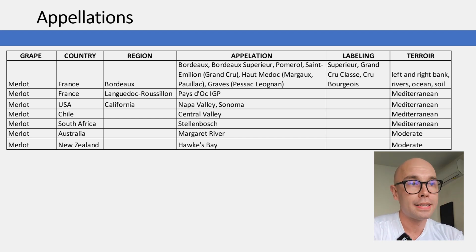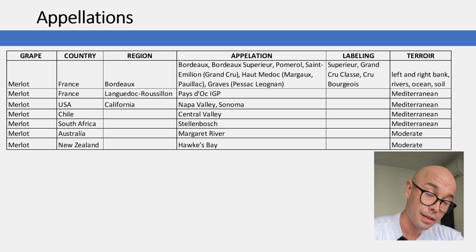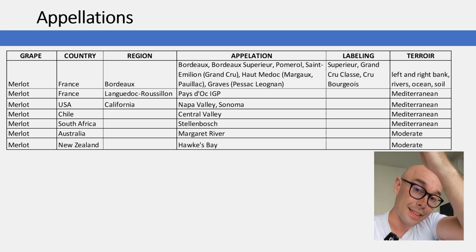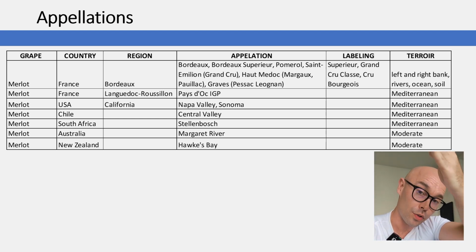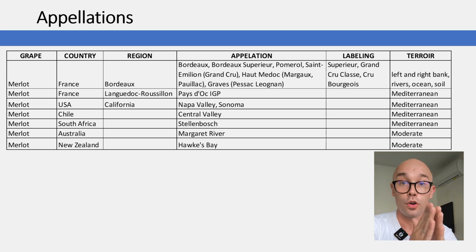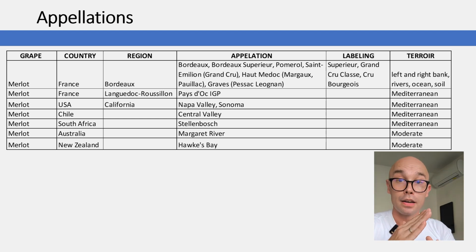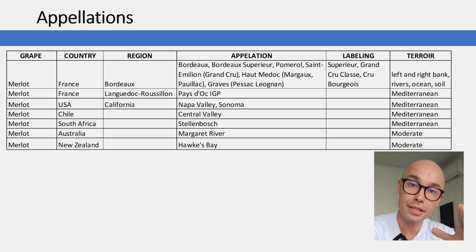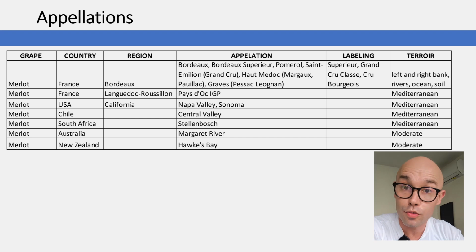Pomerol and Saint-Émilion Grand Cru are appellations that are located on the right bank of Bordeaux. The river Gironde is cutting through the Bordeaux region and basically splitting Bordeaux into the left side, west of the river Gironde, and then everything towards the east of the river is considered right bank.